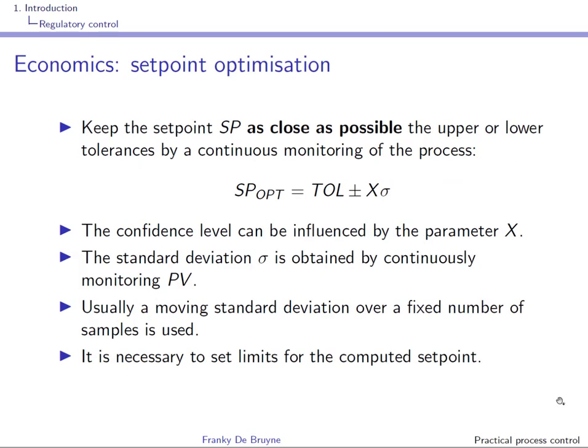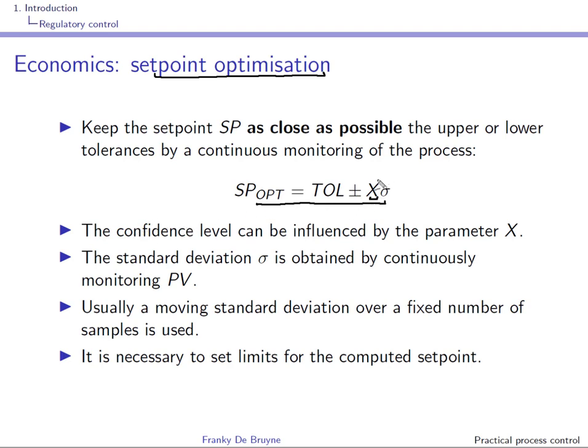Well, this method is sometimes called set point optimization, and the idea is to keep the set point as close as possible to the upper or lower tolerances depending on the type of control problem. And in the computation over here, well, either you have an upper or a lower tolerance with the associated sign, and X here is the confidence level.